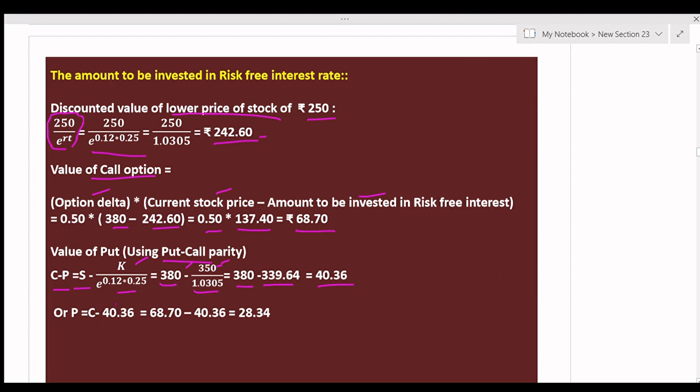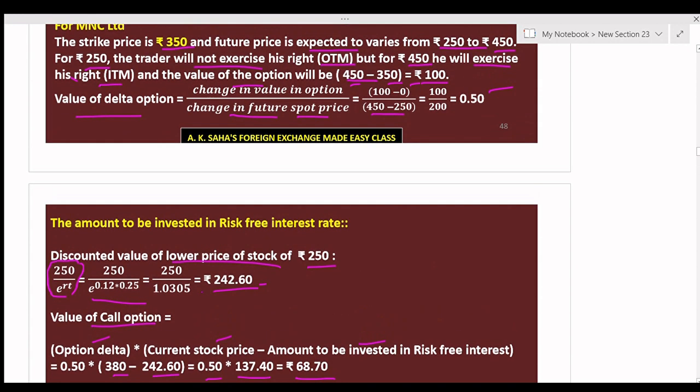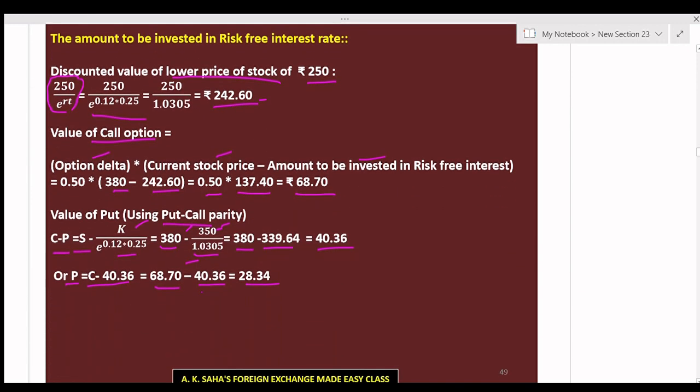Now P is equal to C minus 40.36, that is 68.70, the value of the call option, minus 40.36. You will get the value of the put option, 28.34. 68.70 we have already calculated here, that is the value of the call option.